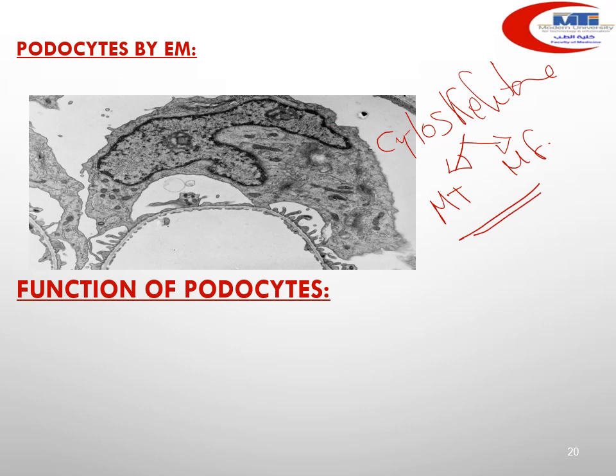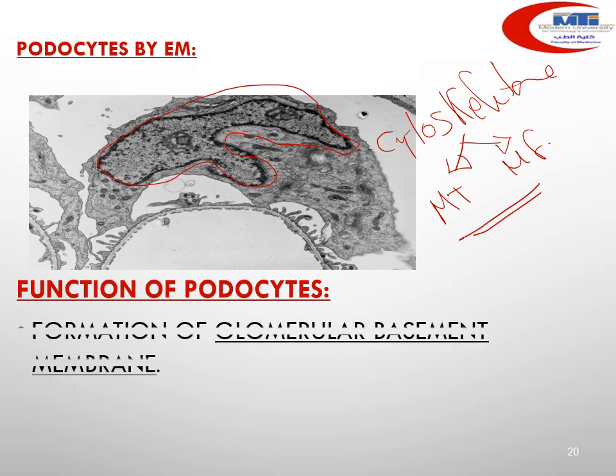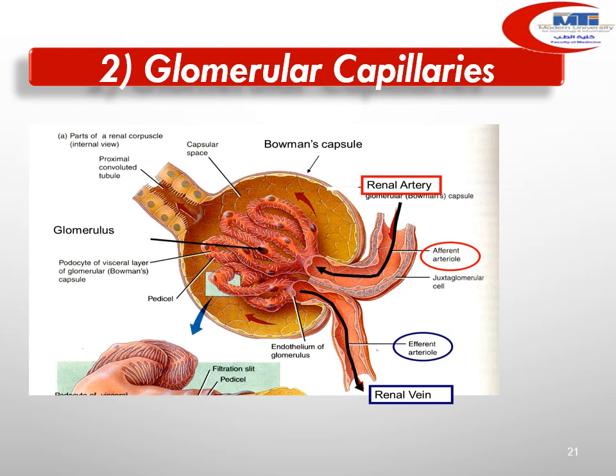As you can see, the nucleus appears irregular: irregular nucleus and very strong cytoskeleton. What about the function of the podocyte? The podocyte shares in the formation of the glomerular basement membrane and the blood-renal barrier.